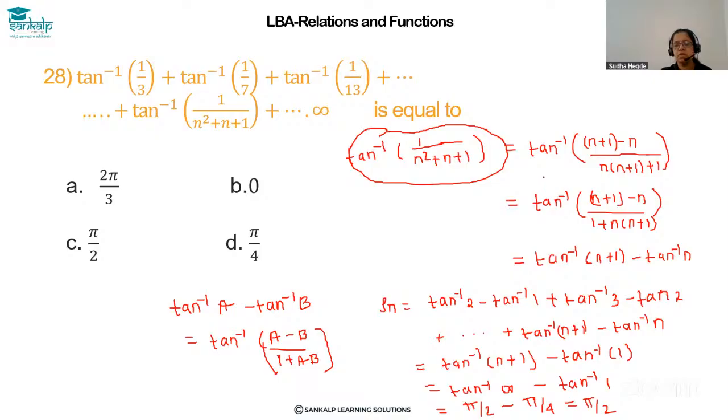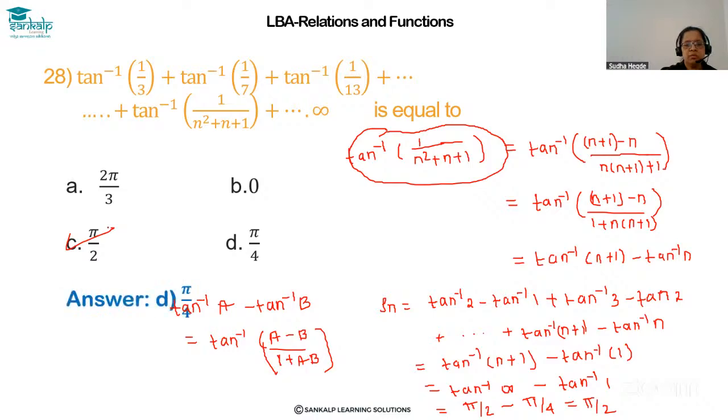That is the major thing, and later on you have to take Sn, the sum. Sn is nothing but the sum. Okay, you are going to get the simplified version. Finally you got the answer as pi by 2. Check the options. Option C, pi by 2 is the correct answer.